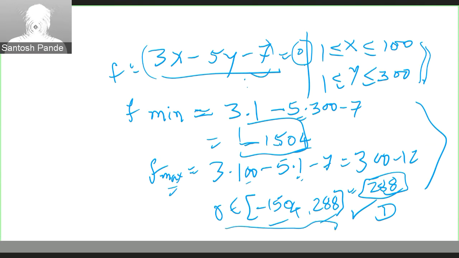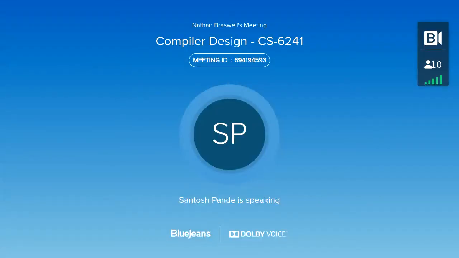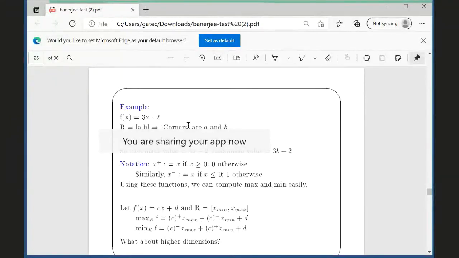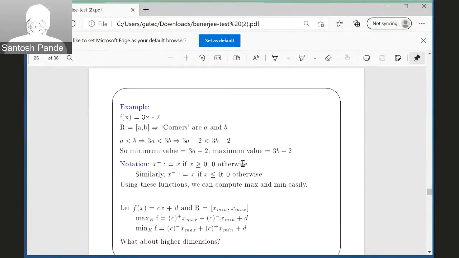So now let me go back and we'll continue over here. Okay, so this is formalized here as x plus is equal to x if x is greater than or equal to 0, or 0 otherwise. x minus is equal to x if x is less than 0, or 0 otherwise.